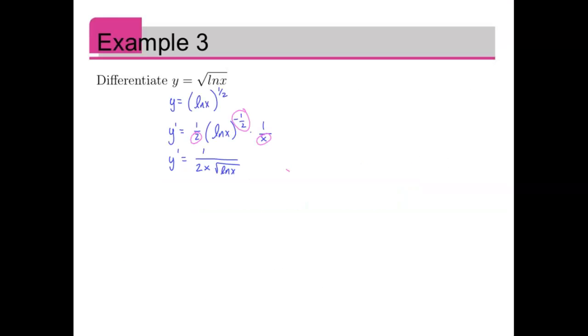So if we have y equals log base b of x, you can change the base to whatever you want. So I can change it to log base a of x divided by log base a of b. So that's the way the change of base formula works.